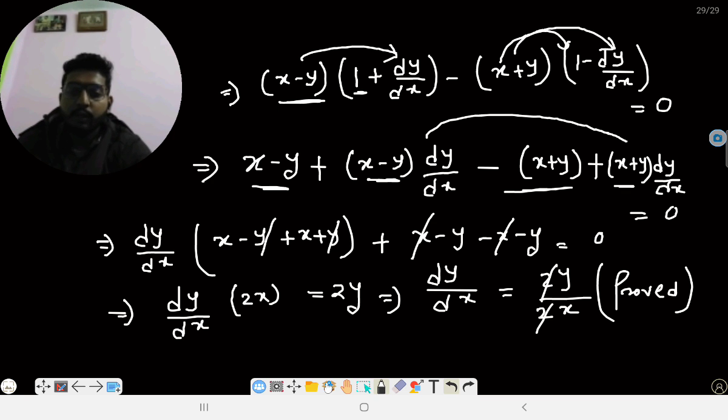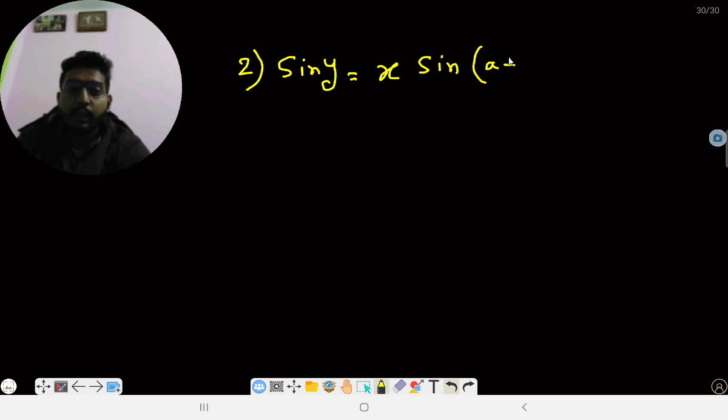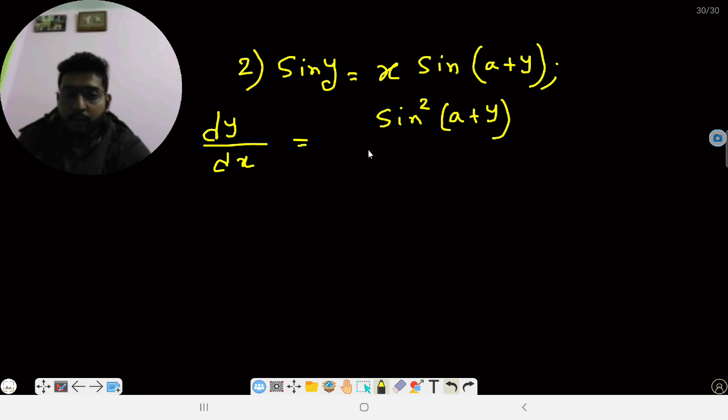The next one, so now today we'll do the important one. Next will be question number 2. In question number 2, it is given sin y equals x sin(a + y), and we have to prove dy/dx equals sin²(a + y) divided by sin a.